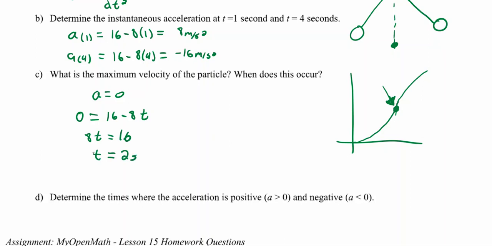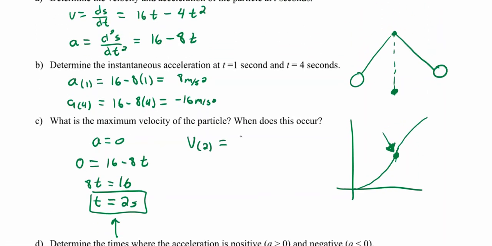Okay, well that helped me figure out when this is going to happen. But the question said, what is the maximum velocity? If I know when, I have the tools to do this. We can say the velocity at 2 seconds is how we figure this out. So we need our velocity formula.